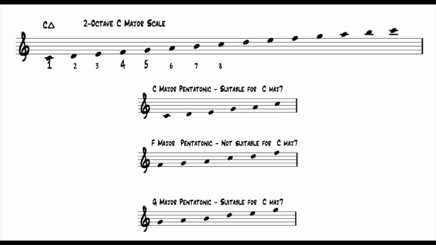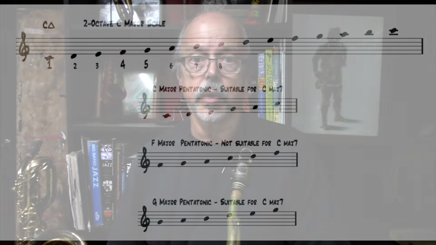So there we've got the G major pentatonic. Right out of the major scale, we find the pentatonic based on the root and the pentatonic based on the fifth. Those are both really great pentatonic scales for improvising on a major chord.